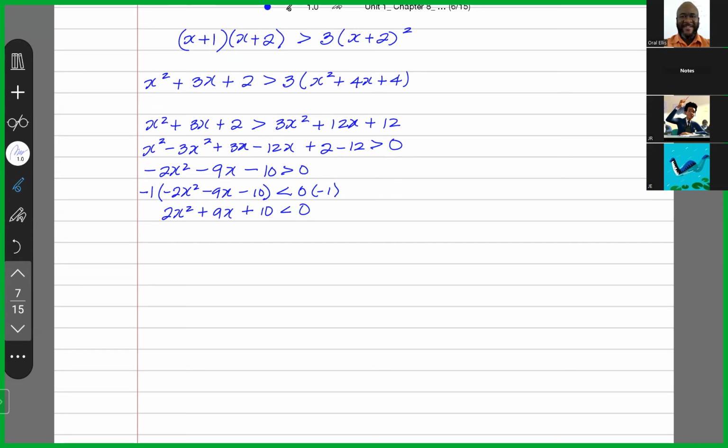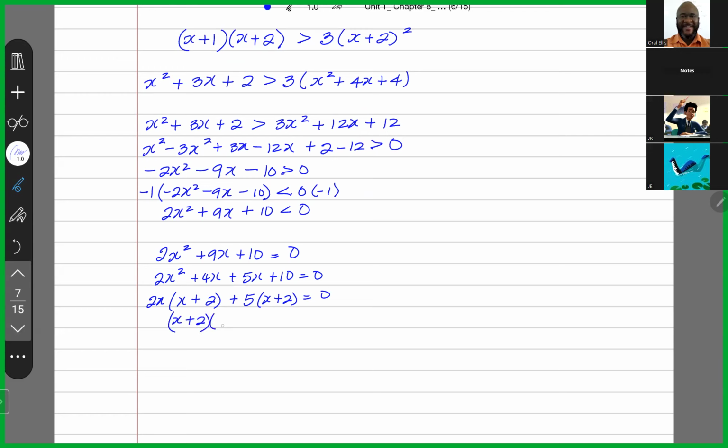Factorizing, we have 2x squared plus 4x plus 5x plus 10 is equal to 0. 2x, we have x plus 2. 5, we have x plus 2 is equal to 0. We have x plus 2 multiplied by 2x plus 5 is equal to 0.